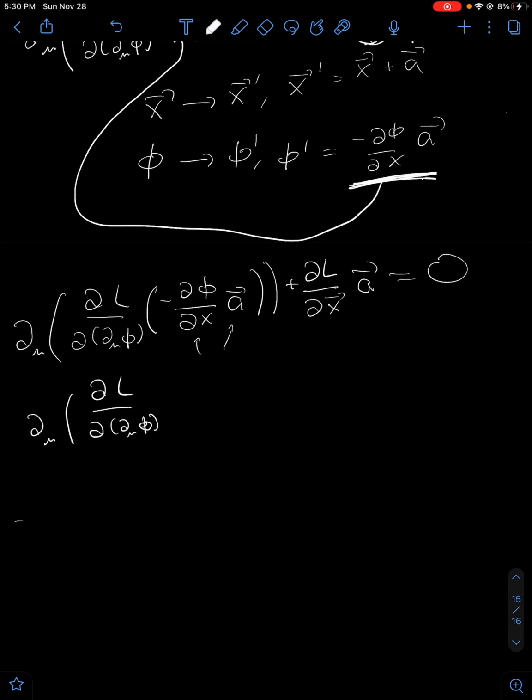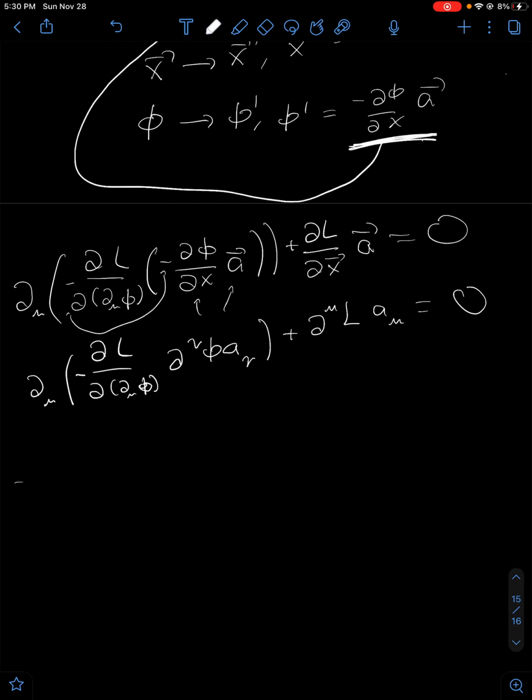So you can rewrite this in a slicker notation to make things a bit simpler for us. Actually, we can first move this negative sign to this partial L over here. So you have minus partial L over partial ∂_ν φ_a, plus ∂_μ L a^μ equals 0.